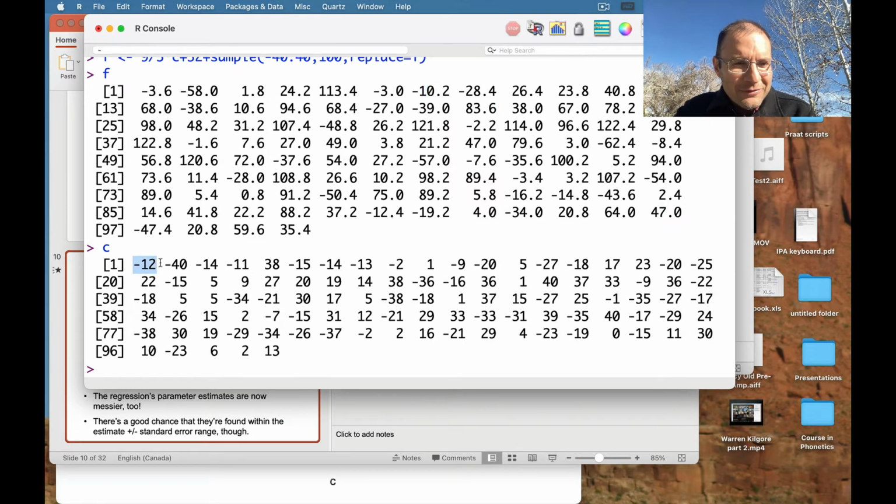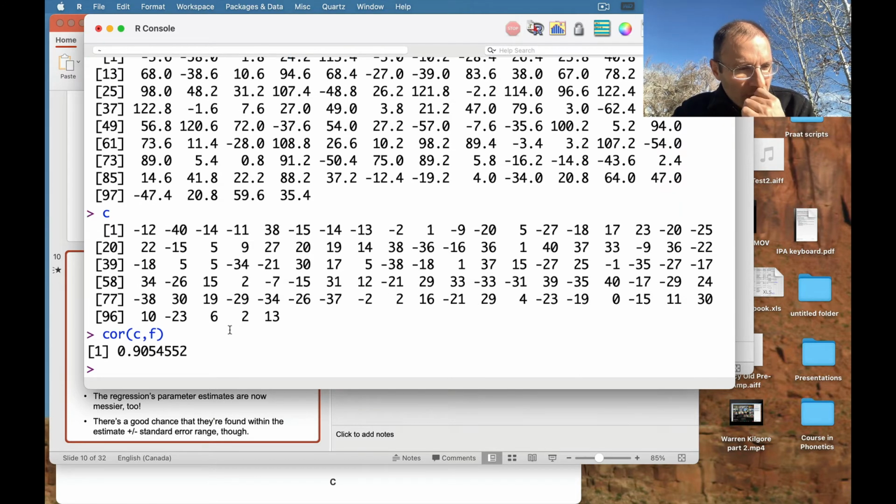Negative 12 is 10.4 Fahrenheit, and I wind up with a value of negative 3.6. So I'm adding some noise to it. Now let's look at the correlation. Before we had a correlation of 1. Now it's not perfect anymore because there's some noise in the situation that I'm adding to it.